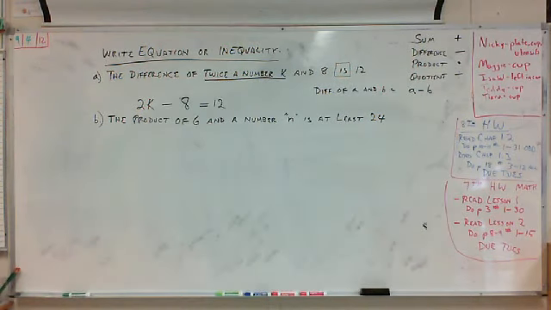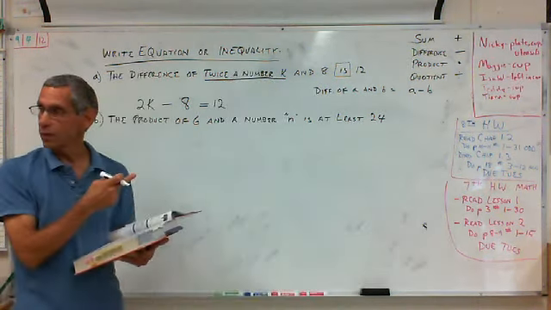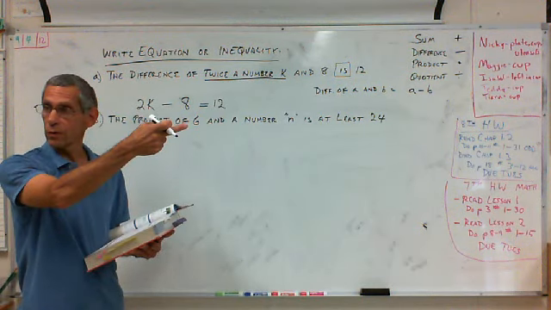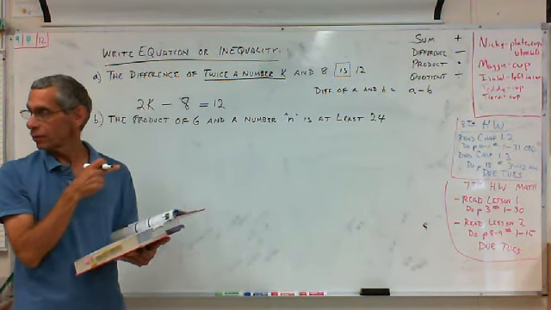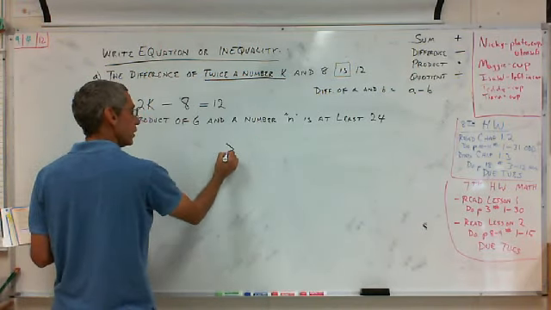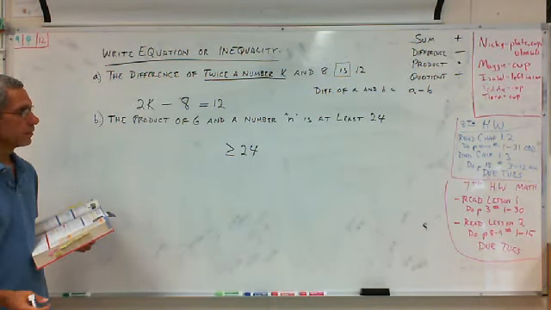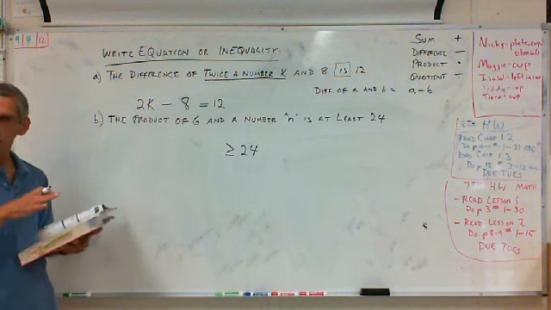So is that going to be an equation or an inequality? Inequality. Why? Because is at least is the same as is equal to or greater than. It can't be smaller than 24. It can be 24, but it can be bigger than 24. It just can't be less than 24. So it's going to be greater than or equal to 24. It's at least 24. 24 is the smallest it can be.